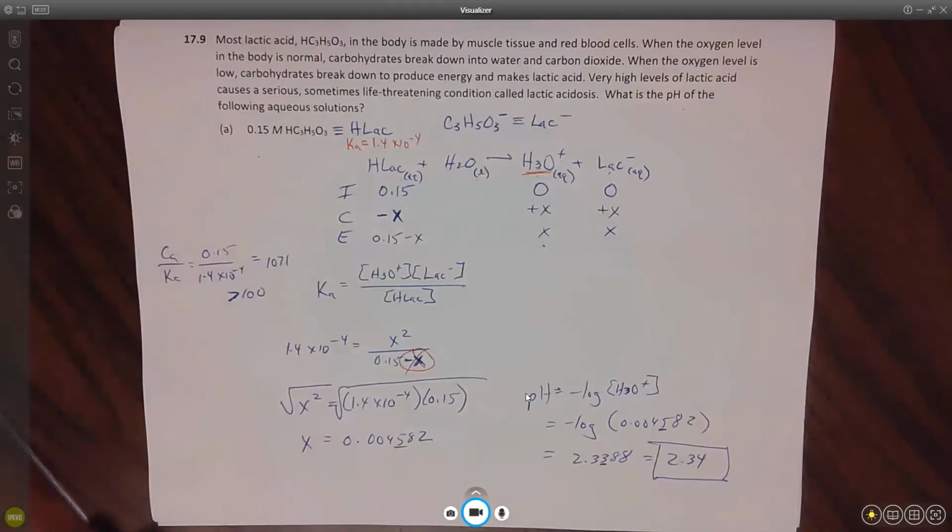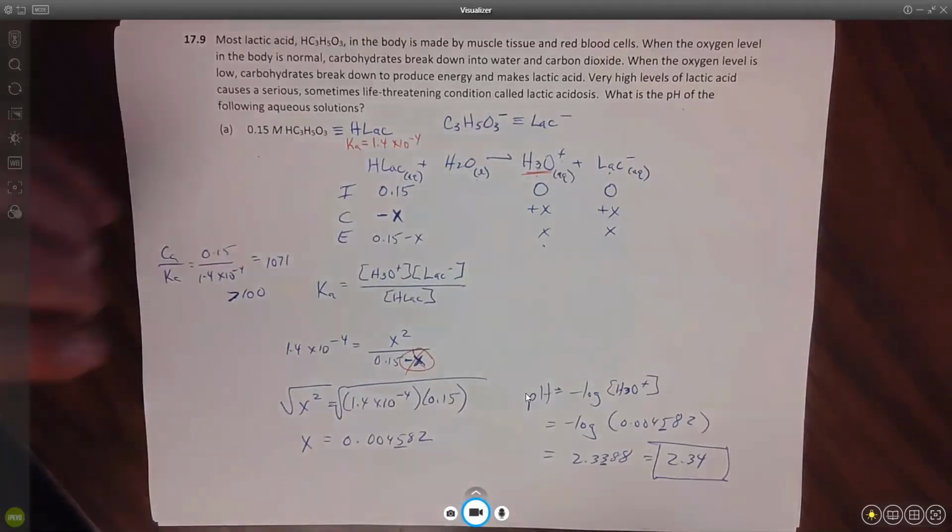Any questions about any of that? When determining if you need to use the quadratic formula, is it possible to just look at it and be like, that's way too big because the Ka value is to like a negative 11th magnitude?